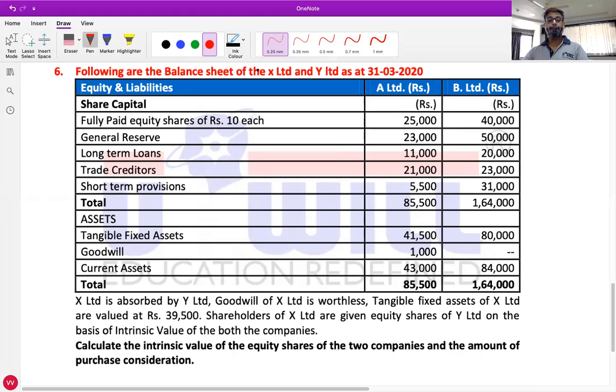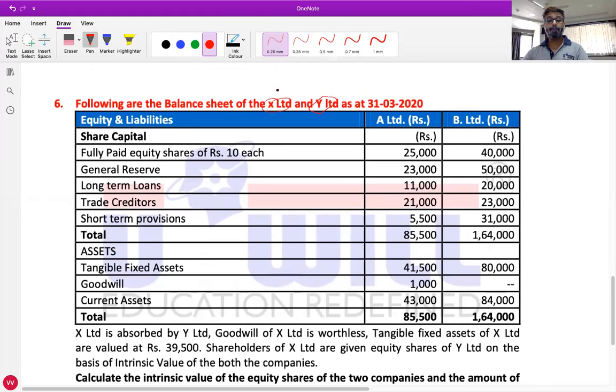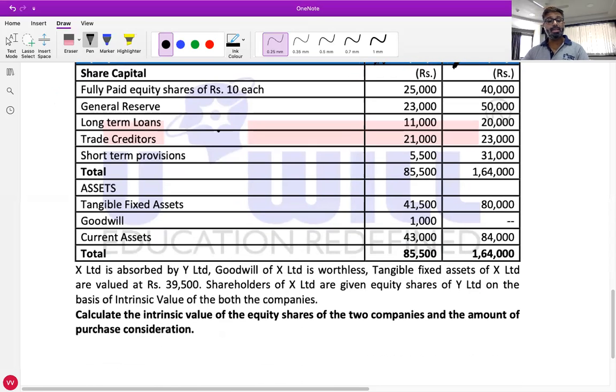Following are the balance sheets of the X Limited and Y Limited as at 31st March 2020. Make the correction, instead of A Limited, make it X Limited, and instead of B Limited, make it Y Limited. Did you all make the correction? Yes, read it further.